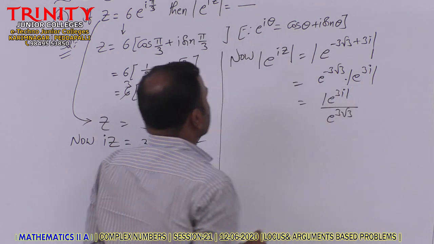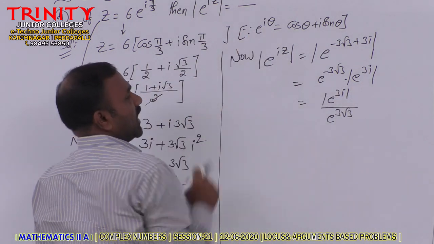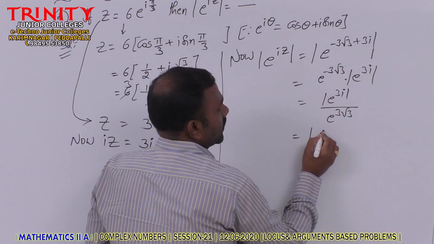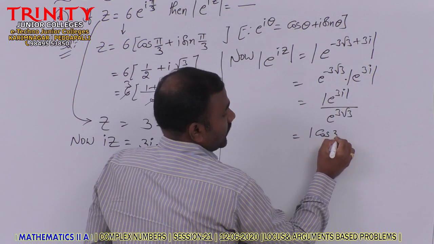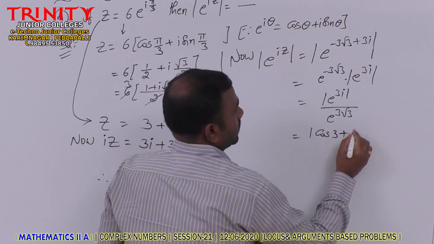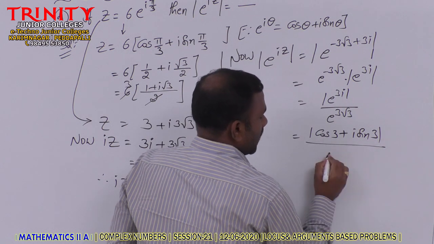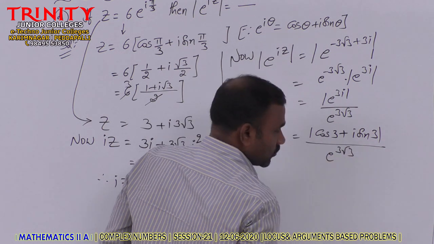Now this is in the form of e power i theta again. Modulus of cos 3 plus i sin 3 divided by e to the power of 3 root 3.